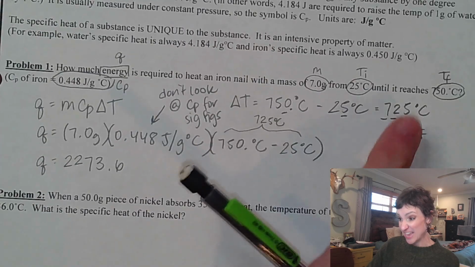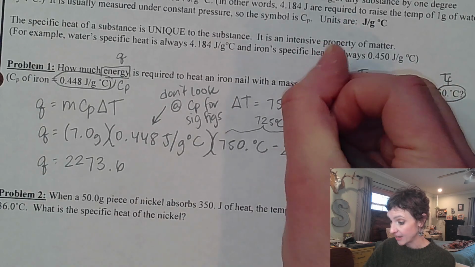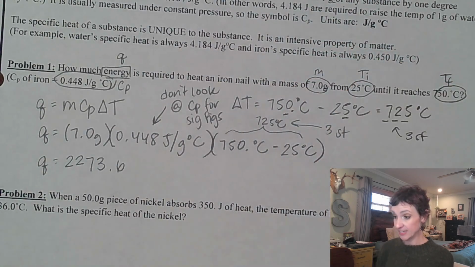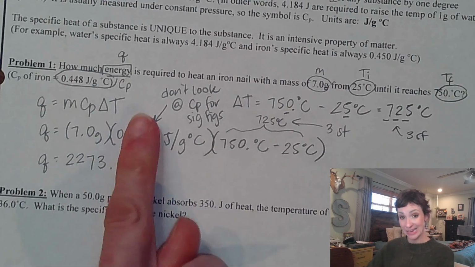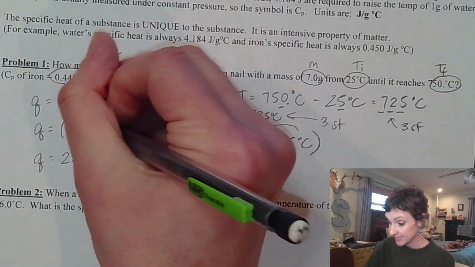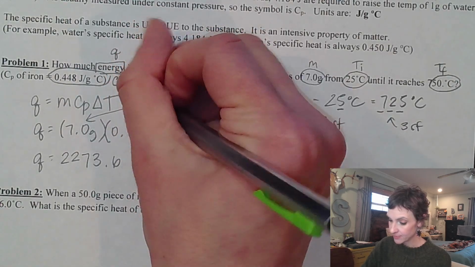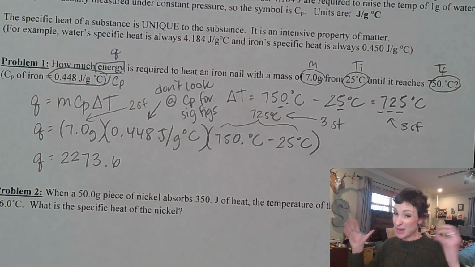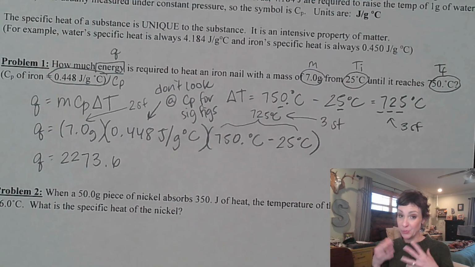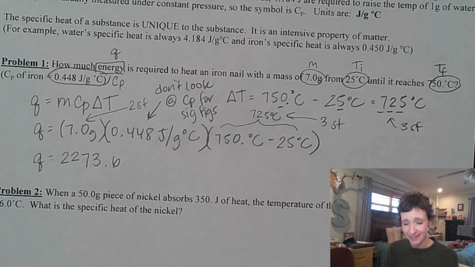We said that this subtraction step is the sig fig we're going to be using for this. So we have a 3 sig fig situation coming from my temperature. I ignore the sig figs from my specific heat, but how many sig figs do I have here for my mass? I have 2 sig figs. So the rule is when I multiply stuff together, I've got to round my answer to the value's least significant number, which value has the least number of significant figures, and that is a 2.